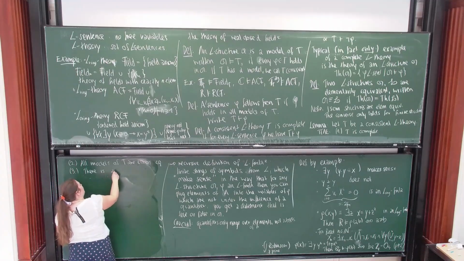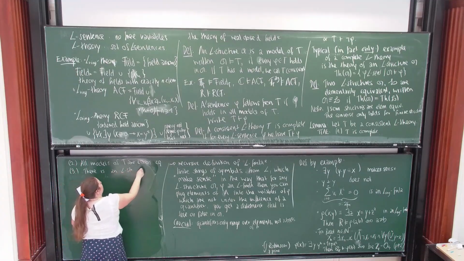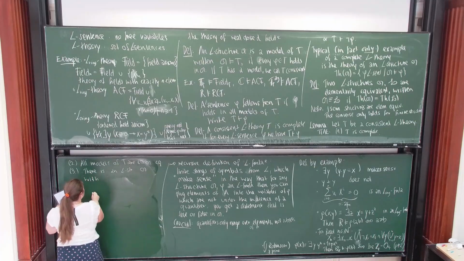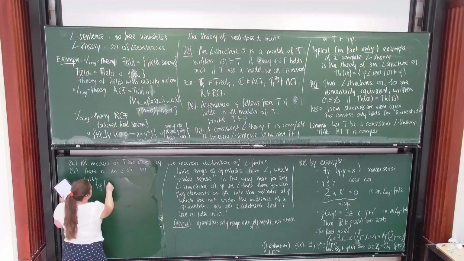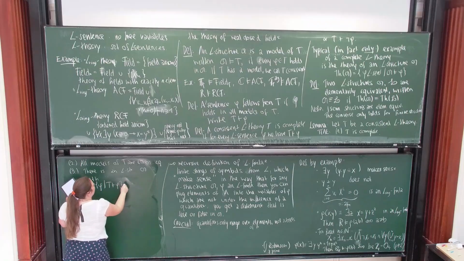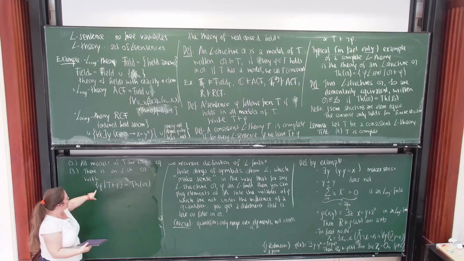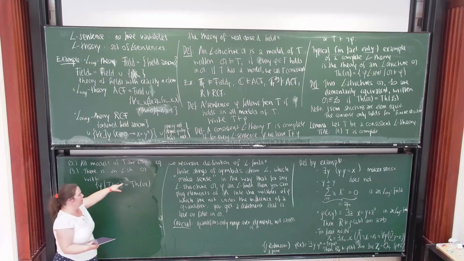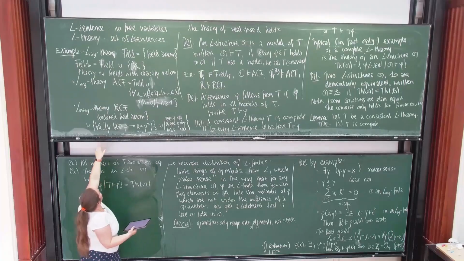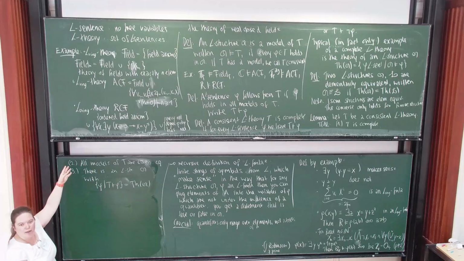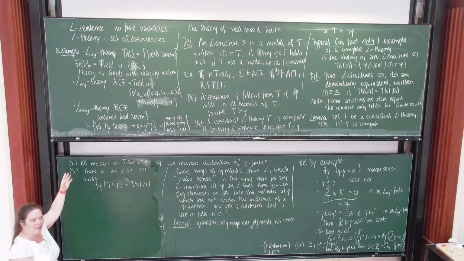There is an L structure A with, and now there's a subtlety, so that the set of sentences phi such that T entails phi is equal to the theory of A. Or in other words, the deductive closure of T is the theory of A, because maybe up there I said the theory of the field F_p is a complete theory, but of course you could write many more things which are true in the field with p many elements.